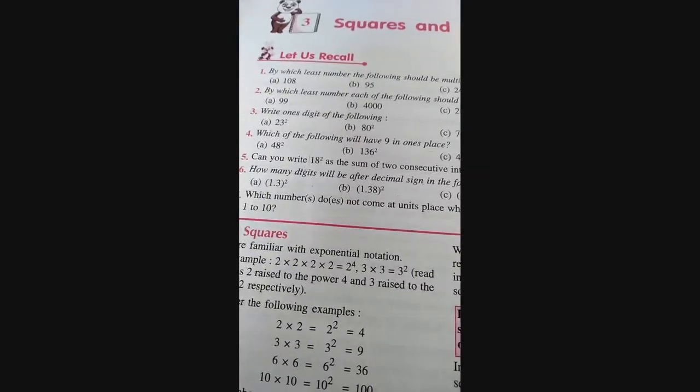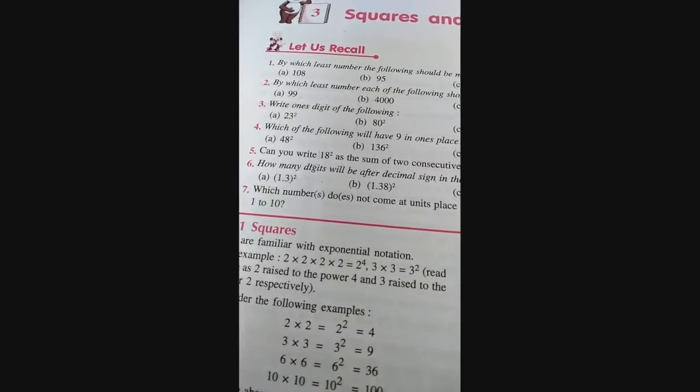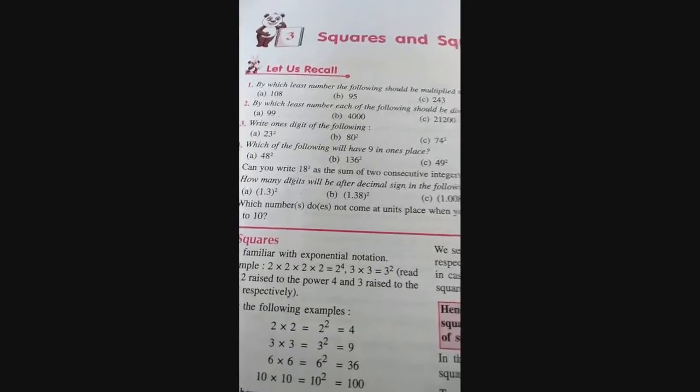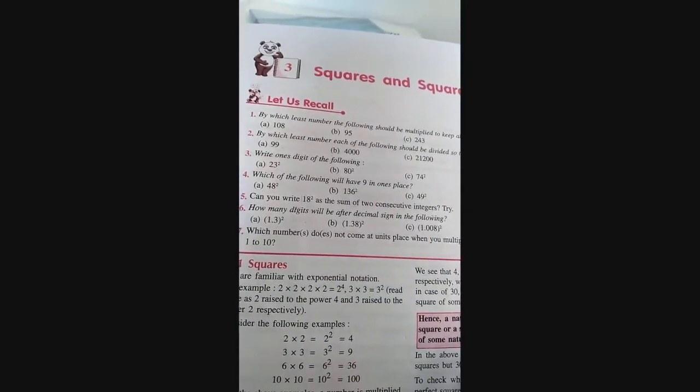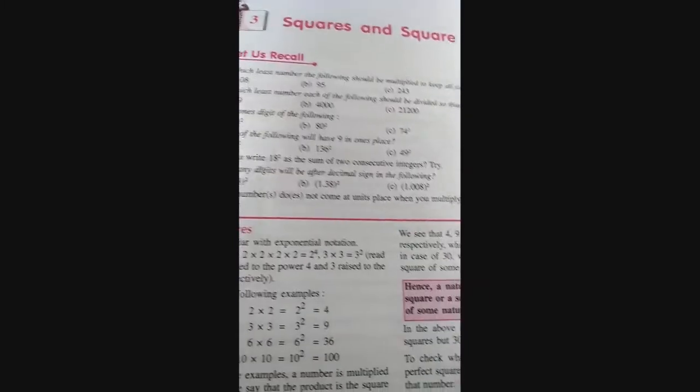There are 10 digits. Let us count. 1, 2, 3, 4, 5, 6, 7, 8, 9 and 0, the last digit 0. Now they have asked which number does not come at the units place when you multiply two same natural numbers. So let us have a look.